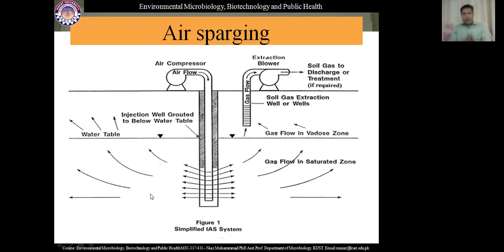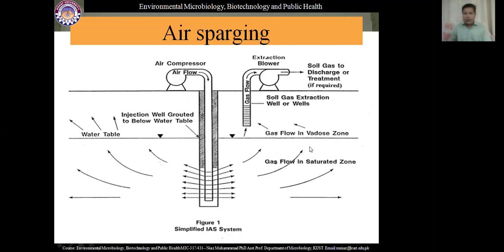And another phenomenon, third: the pollutant in the presence of air will convert into vapor. Its density will be light and it will move upward through the pores and will diffuse with other gases. Molecules will also come to this water table.